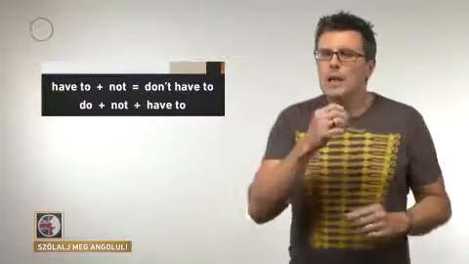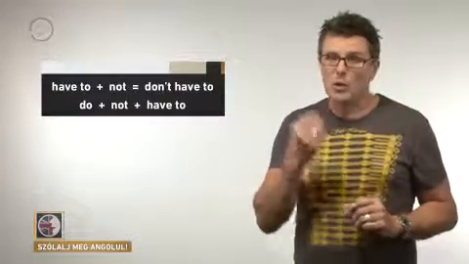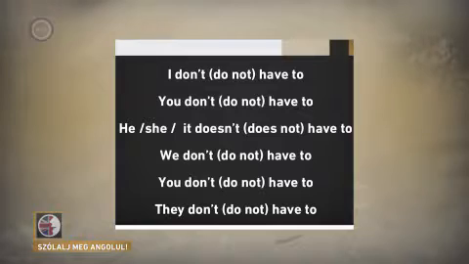So, when we want to make a sentence using have to with not, we have to use this form. I don't, do not, have to. You don't, do not, have to. He, she, it doesn't, does not, have to. We don't, do not, have to.